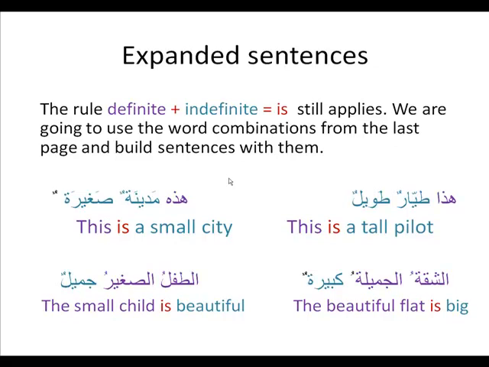And the same thing for الطفل الصغير, the small child. الطفل الصغير جميل. The small child is beautiful. So when you look at a sentence trying to translate it into English or whatever language you prefer to translate into, you need to think definite on one side, indefinite on the other side, and in the middle, that's where the is or are or am should go, if it's a nominal sentence, of course.